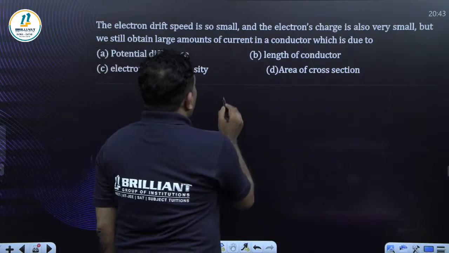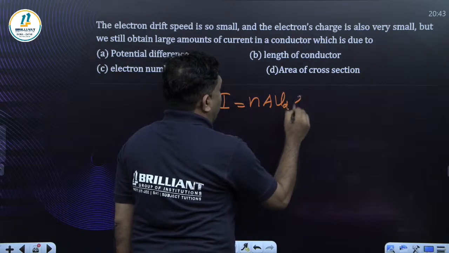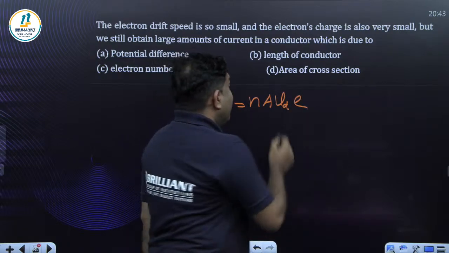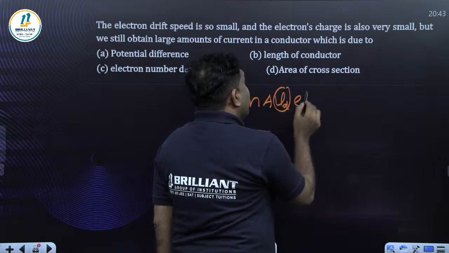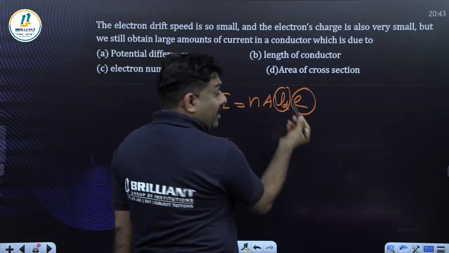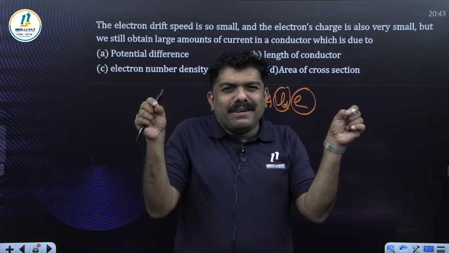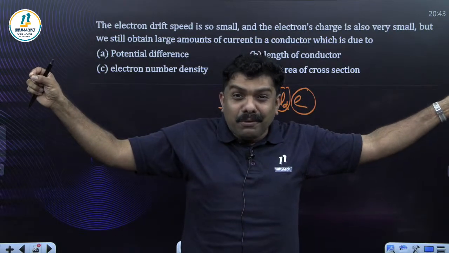What's the reason? The current expression is I equal to n A e v d. Here the drift speed is small, charge is small, but for a thin copper wire with negligible cross section, a large current can flow.